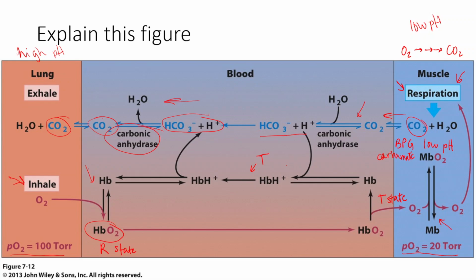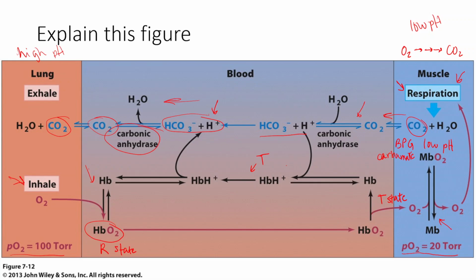Does this make sense? Any questions about this cycle? Yeah. Once the CO2 is released, the hemoglobin will want to go back to the oxygen. Yeah, it's a higher pH environment, right? Because we're consuming these protons with carbonic anhydrase by making carbon dioxide gas again.